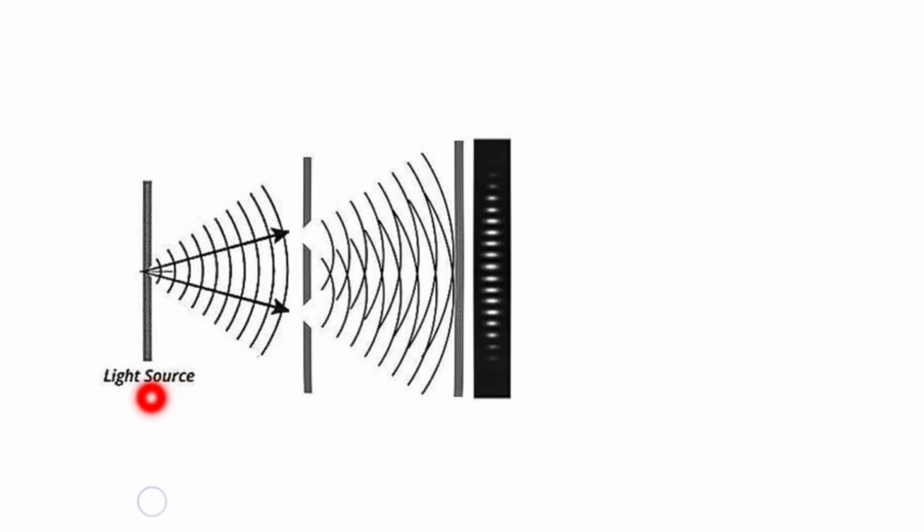Now, because this is a monochromatic source of light, these two waves will be of equal wavelengths and of the same amplitudes. If the paths are equal, then the light waves from the two slits will reach one point, that is the central point, in phase.